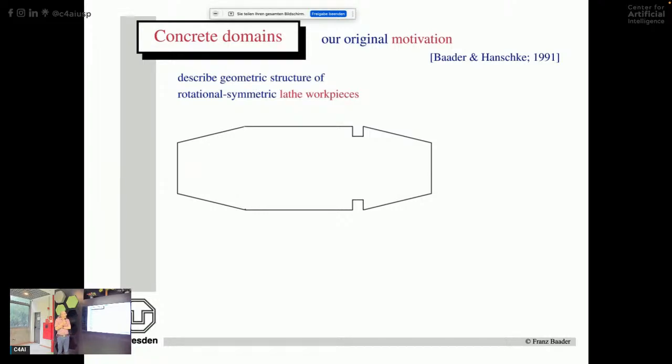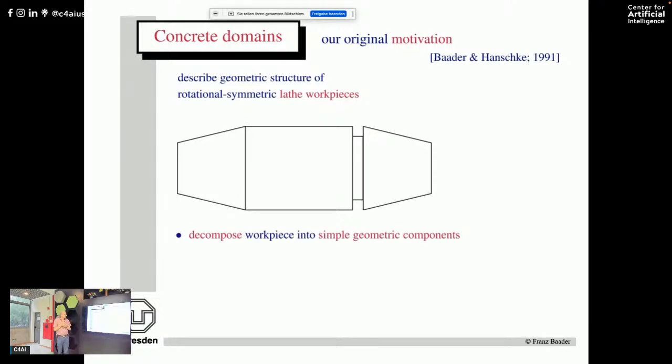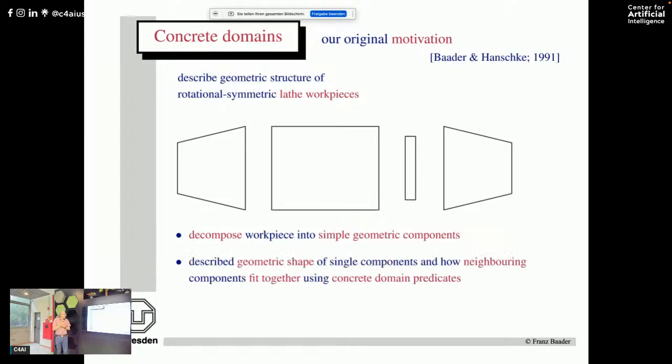The idea is that we want to decompose this workpiece into simple geometric substructures, like this. Then pull this apart, and then describe the geometric shape of the simple components, and also how neighboring components fit to each other using concrete domain predicates.